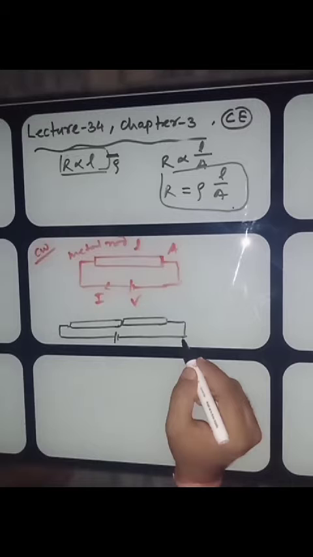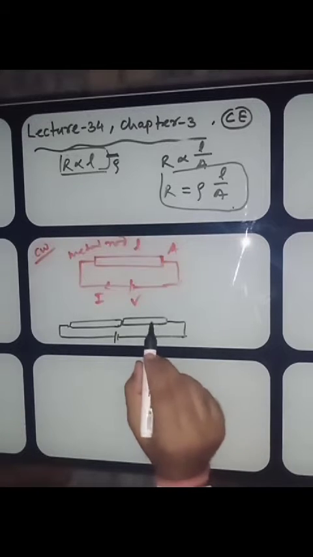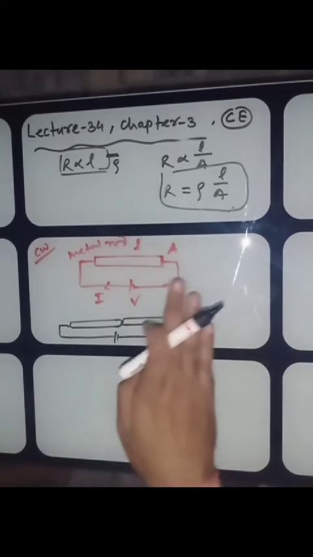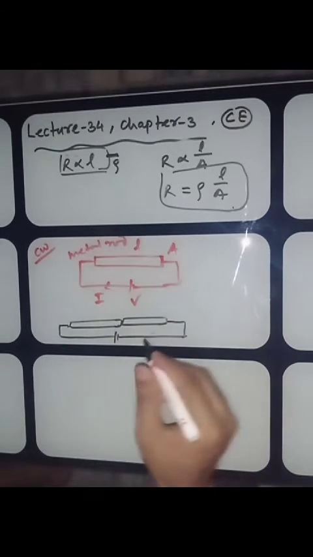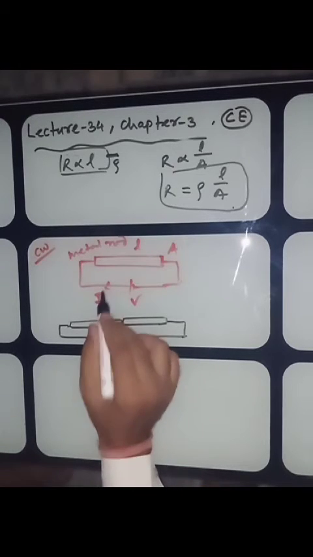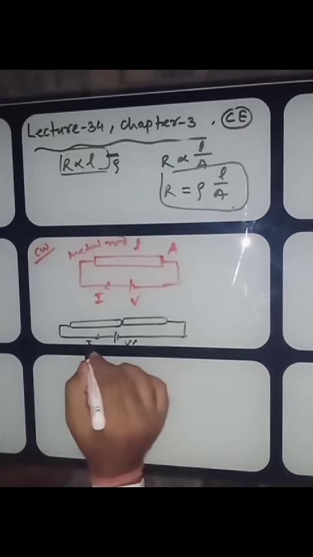Now the important point, remember, it is cut parallel to the length and then connected with the source. We don't know the value of the source, but here the current is I, and here the current is again I.